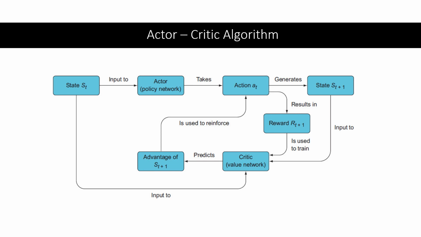These are the inputs used to train the critic network, or value network. The value network predicts the value, and the value is used in the advantage function. The advantage function is used to reinforce the action to be more intelligent, and it is used in the loss function.